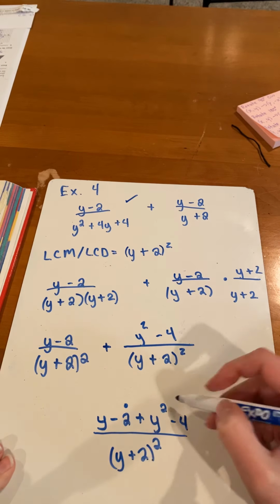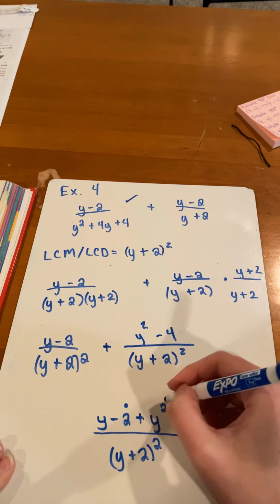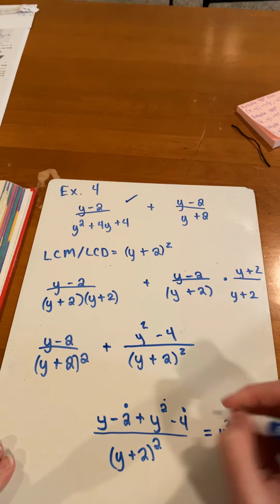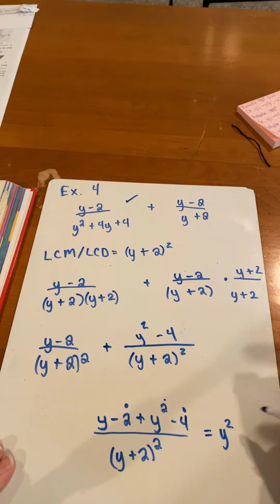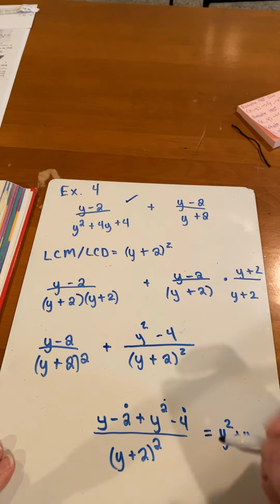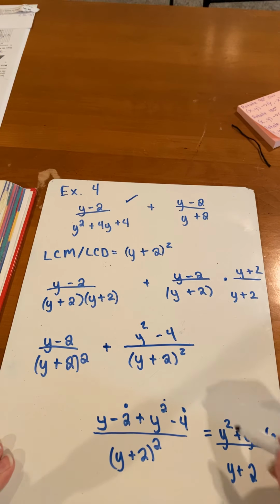Yes, I have 2 and I have 4. So now this is going to become, in order of descending, y squared plus y plus negative 2 plus negative 4 is negative 6, so minus 6, over y plus 2 squared.